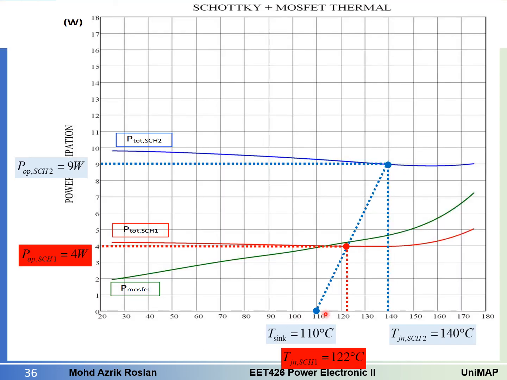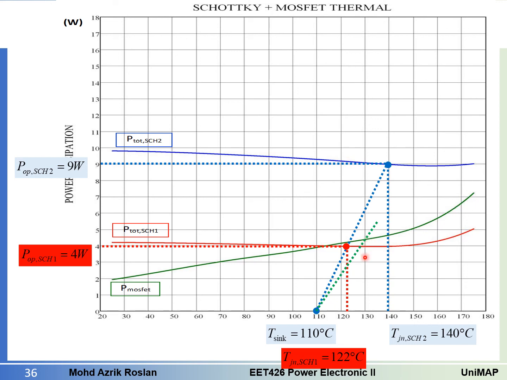So this is the heatsink temperature. When we increase by 10 degrees C, we get 2.25 at this point, so we have to draw a line here. Remember, you have 10 degrees and then 2.25. You draw a line through that point, and the line will cross some point at the Mosfet curve.